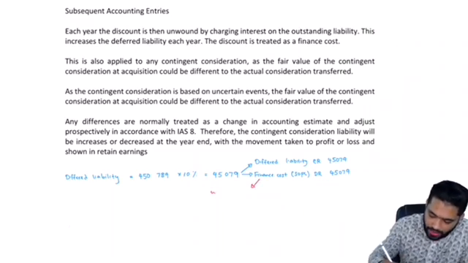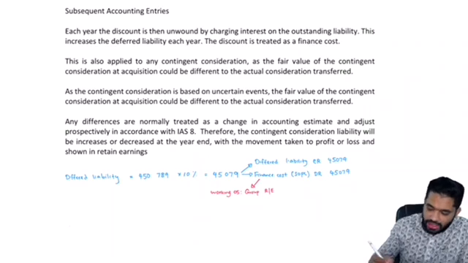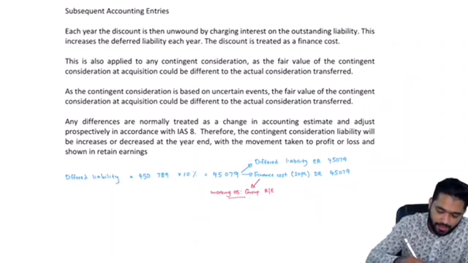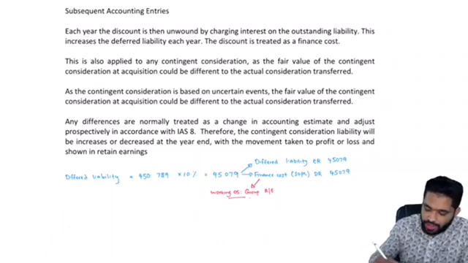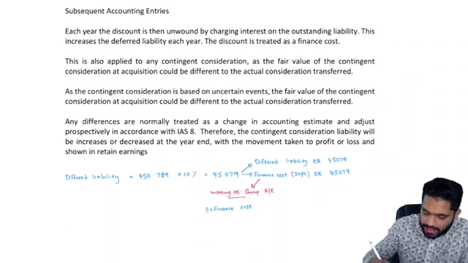Okay, so since it is an adjustment coming to the statement of profit or loss, this adjustment will have an impact on working number 5, which is on the group retained earnings. So in adjustment number 5 or group retained earnings, we will have to remove the finance cost from our group retained earnings.